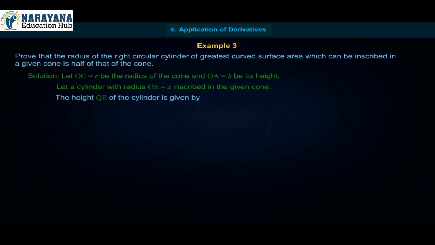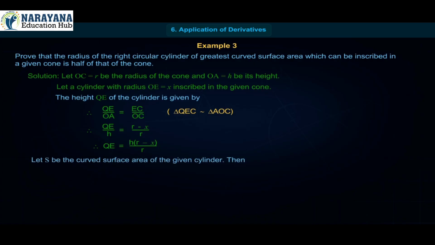The height QE of the cylinder is given by QE upon QA is equal to EC upon OC, since triangle QEC is similar to triangle AOC. Or QE upon H is equal to R minus X upon R, or QE is equal to H into R minus X upon R.